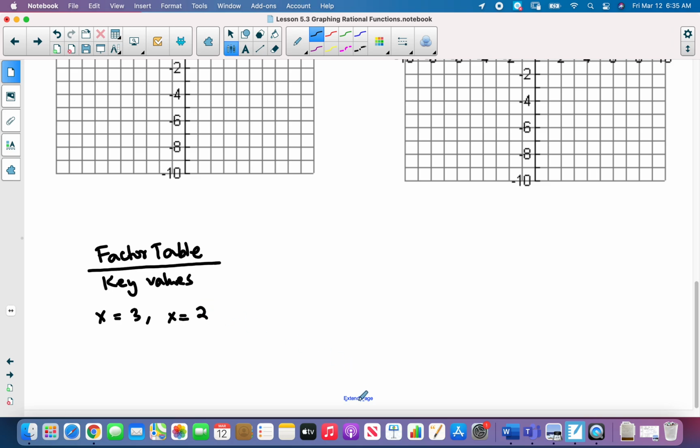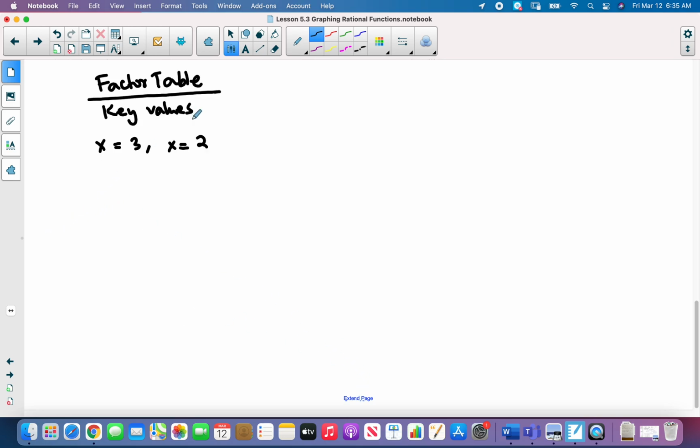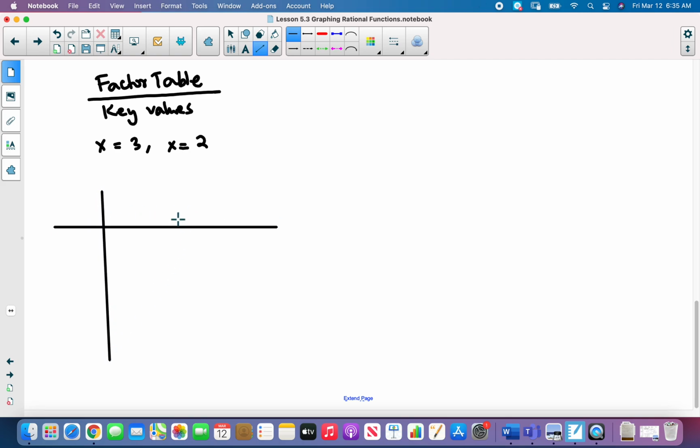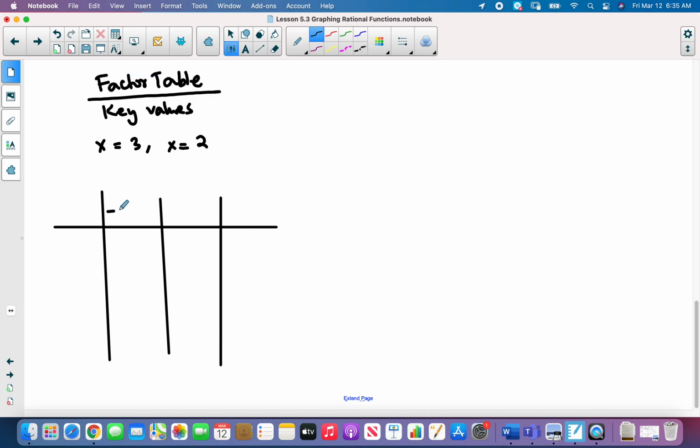So those are the values we're going to find in our factor table. So we're going to go from negative infinity to negative 2, then negative 2 to 3, and then from 3 to infinity.